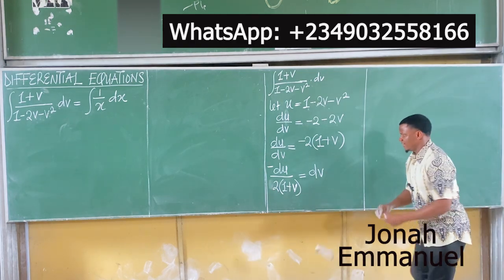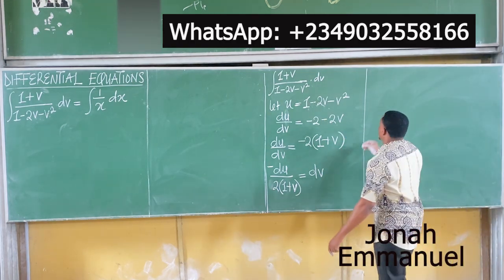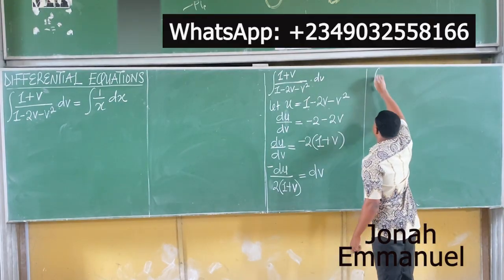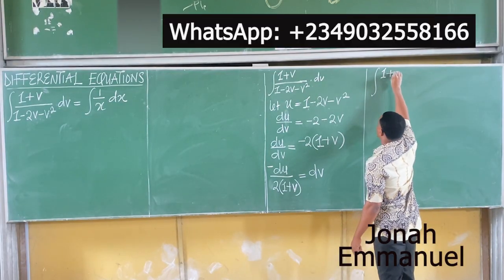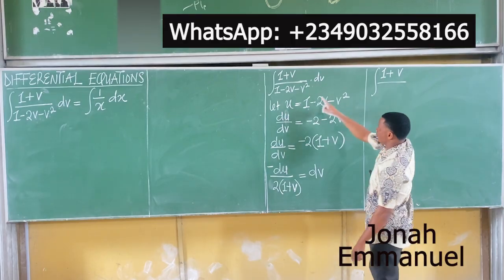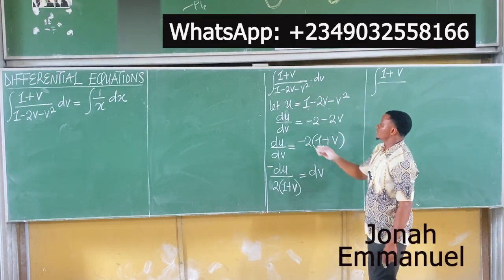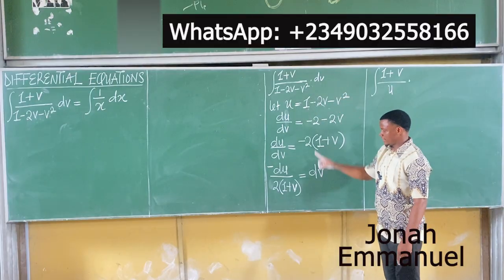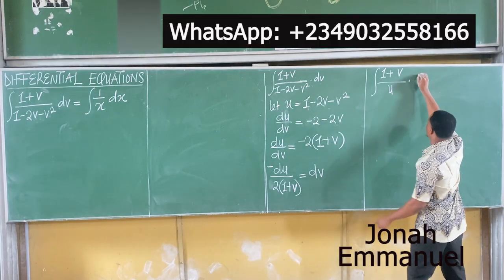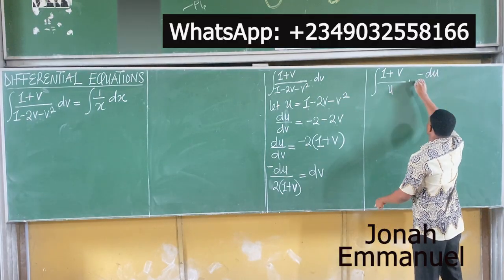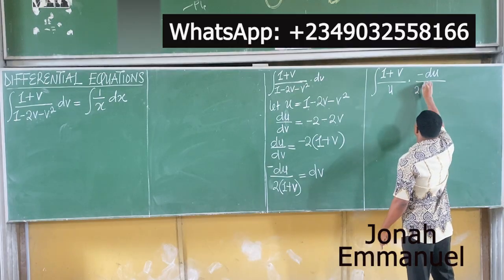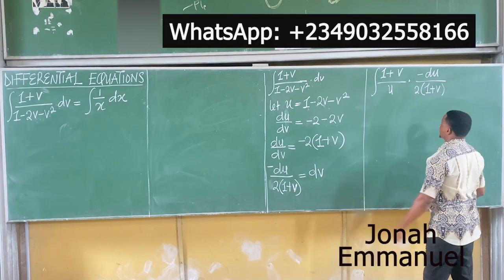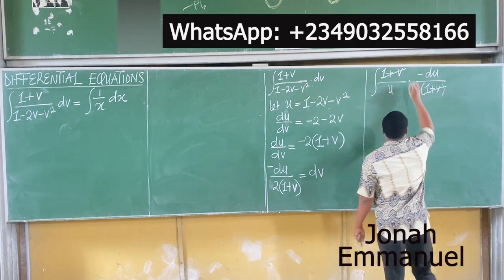If I put this back into the equation, substituting, the integral of 1 plus v all over u, we call this u, dot, what's dv? dv gives you minus du all over 2 into 1 plus v. You can see this cancels this. So it's off.